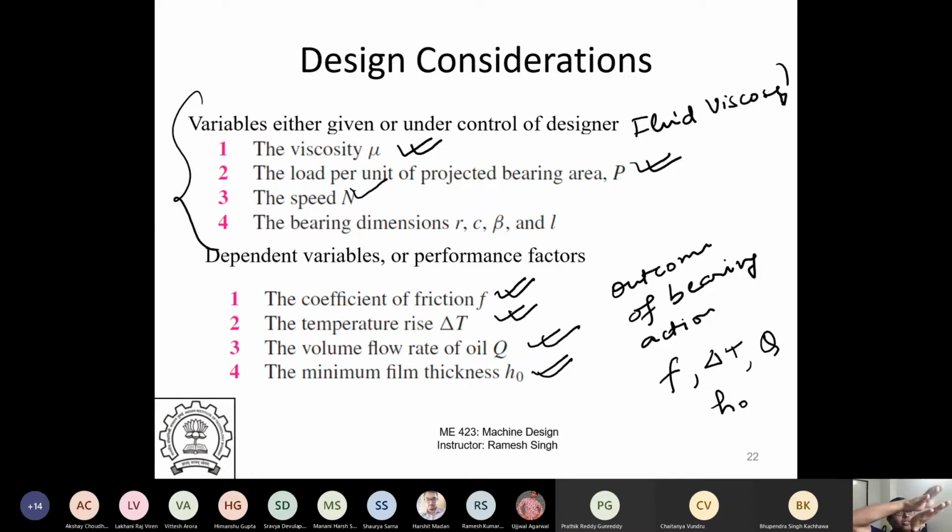Initially, it will be almost sitting on top of it, but the moment the pressure generates, there will be a physical separation. Once it starts to rotate, there will be physical separation, as I showed you in that example which Tower observed. The moment the shaft started to rotate in the rail bearing, the cork used to pop out because pressure generation is there.